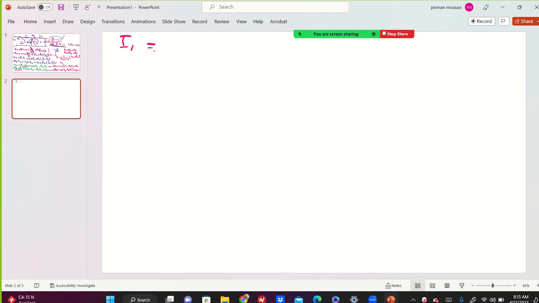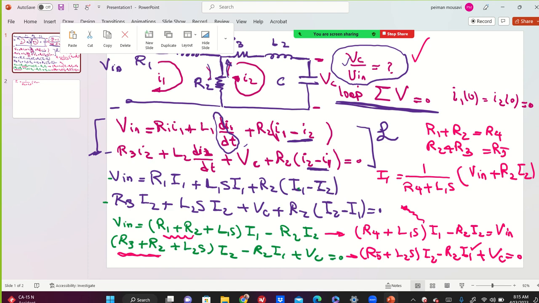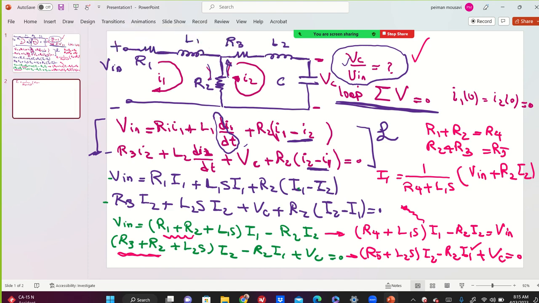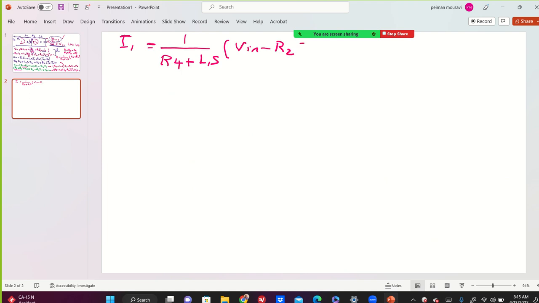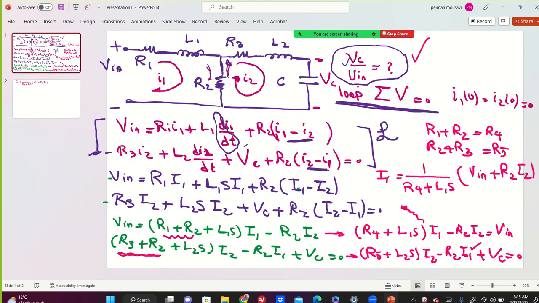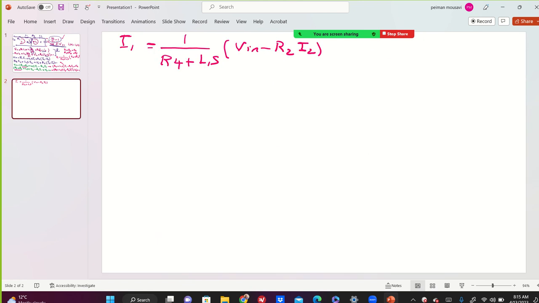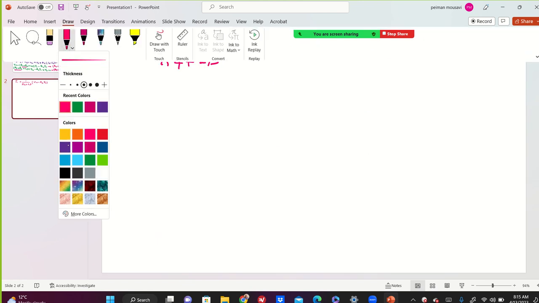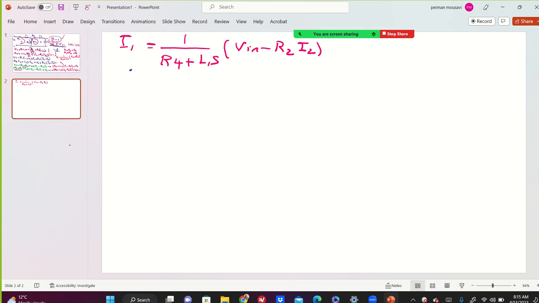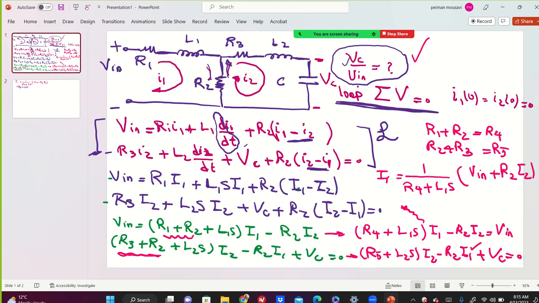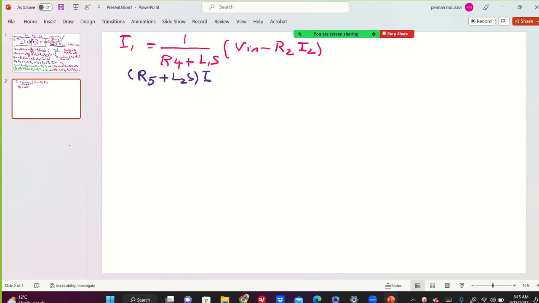I1 is 1 over (R4 plus L1 S) times (Vin plus R2 I2), and we have here (R5 plus L2 S) I2 minus R2 I1 plus Vc equal to 0.